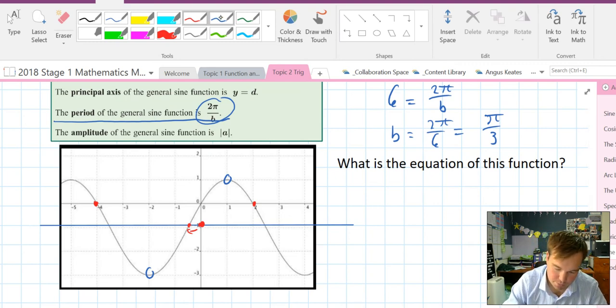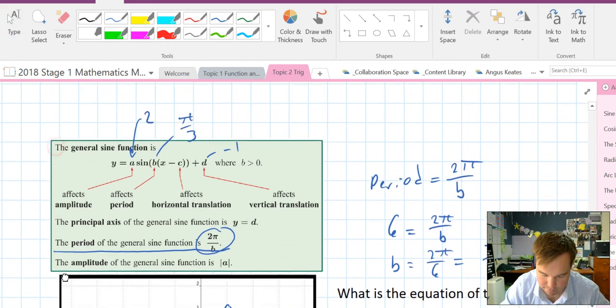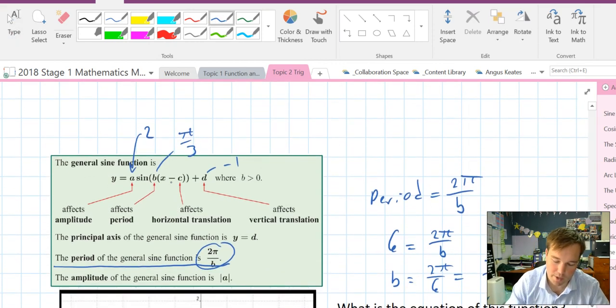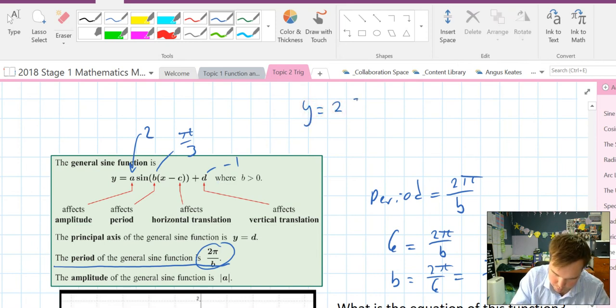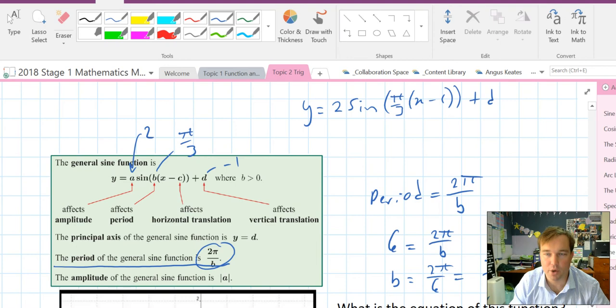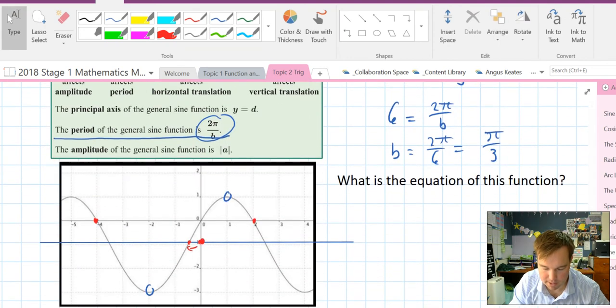So one thing we can do is look at the graph and write an equation out for all the bits we know so far. So all the bits we know so far is y equals 2 sine pi on 3 x take c plus d. And then sub in a point that we know the graph goes through. It doesn't particularly matter which one we choose.